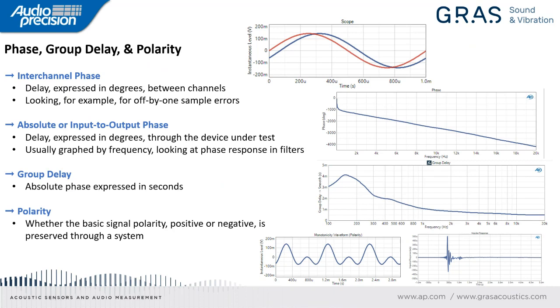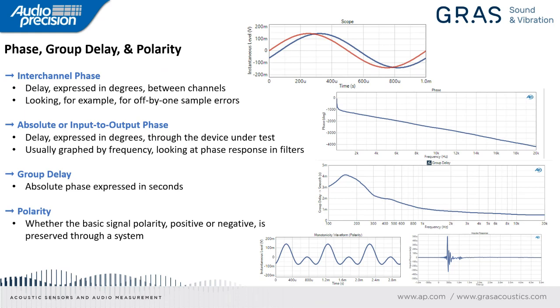For example, sometimes you'll get into a situation where there's a little DSP coding error and one of the channels is delayed relative to the other channel by one sample. And that is very apparent to a human listener. So that would be interchannel phase. And if you were looking at that kind of signal on an oscilloscope, for example, that's what you'd see in our top image.